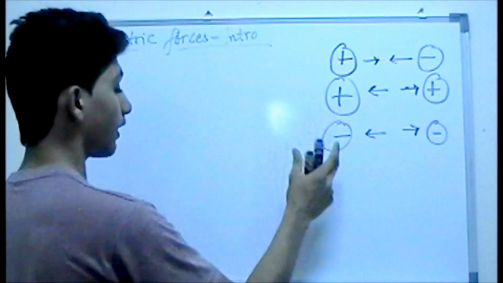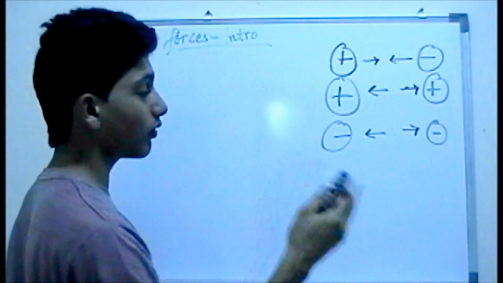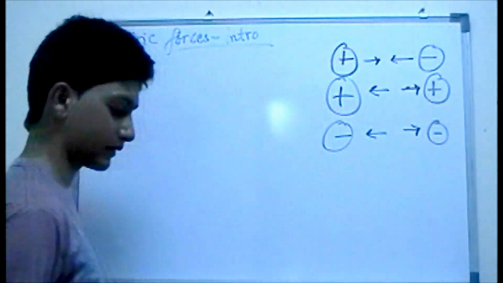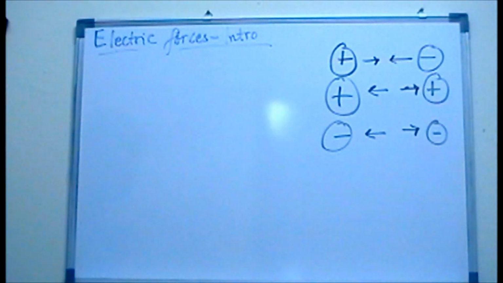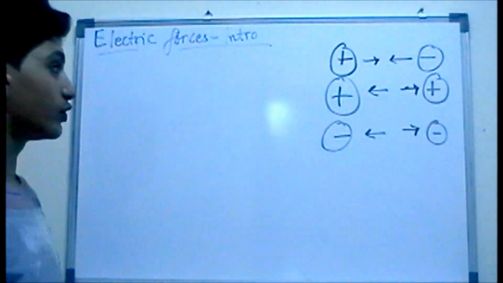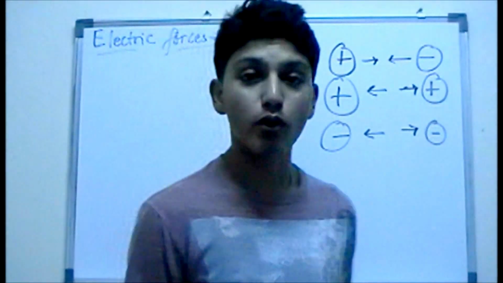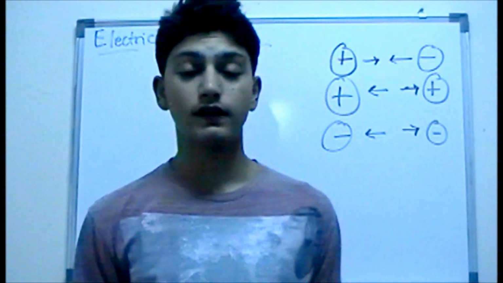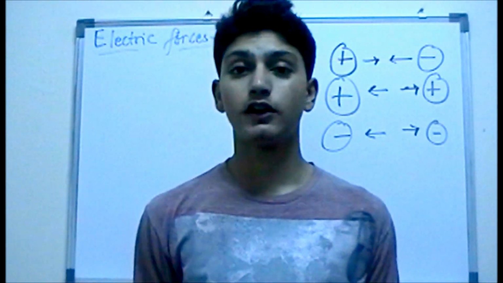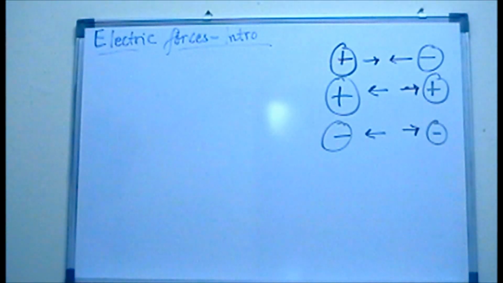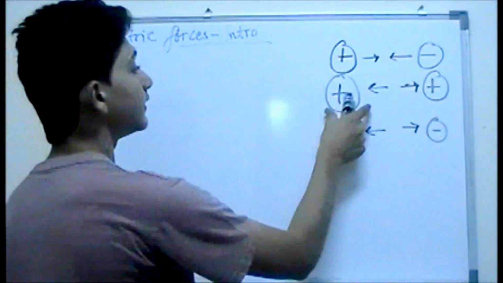The forces used to attract or repel can act over a long distance, or it could be a small distance, but in this topic we'll be using long distance. The electric force acts between two objects.